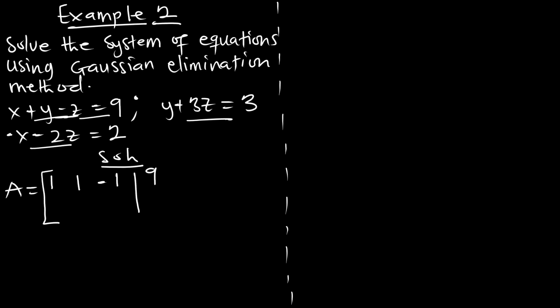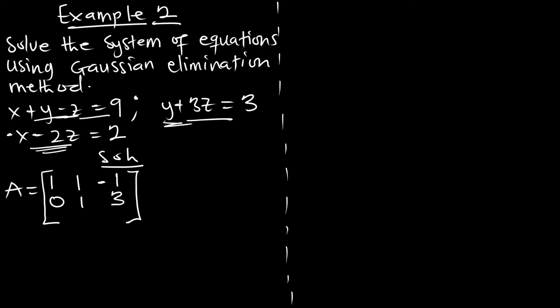Okay, so let me just write the matrix for the first part, then after we combine it, we bring the 9. For the second equation, there is no x, so that's 0. For the y, that is going to be 1, and the z is going to be 3.